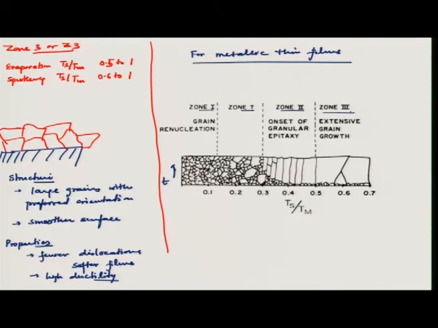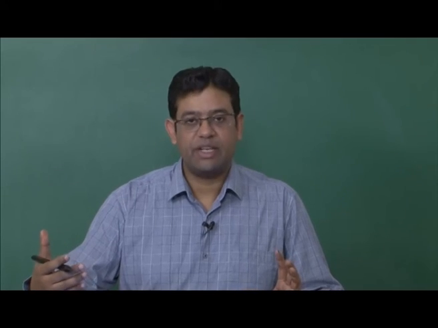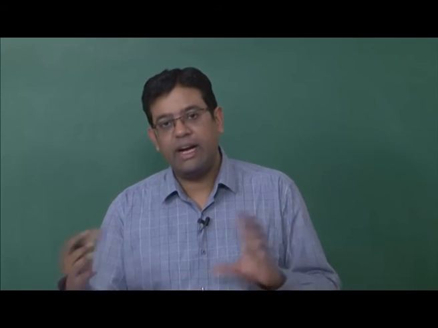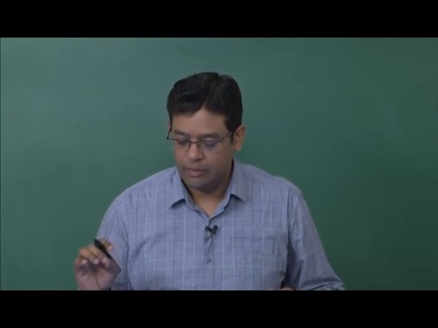In this, sometimes you do not get columns, but you get very fine grains which are equiaxed. And towards higher temperature you get extensive grain growth and very large grains with very few grain boundaries. So, this zone structure model gives you a guideline to adjust your substrate temperature relative to the melting temperature of the material that you are depositing, and also to change the pressure, to see what kind of microstructure you will prefer in your films.